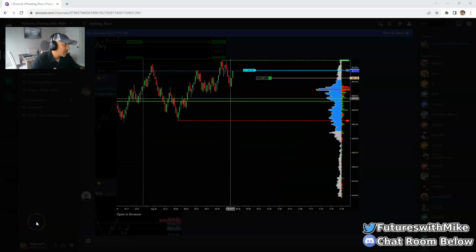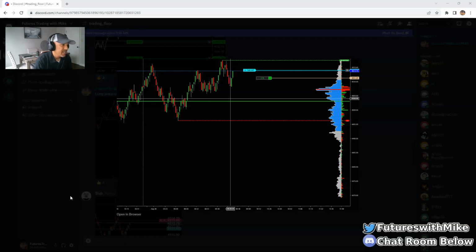Now here's another screenshot of an entry that I took and I posted over on the Discord. This is another long entry off the ES futures. Now we trade the futures on this channel. So if you trade the index futures, maybe the currency futures, it could be the bonds or whatever it may be when it's tied to the actual future, you can come over and join.